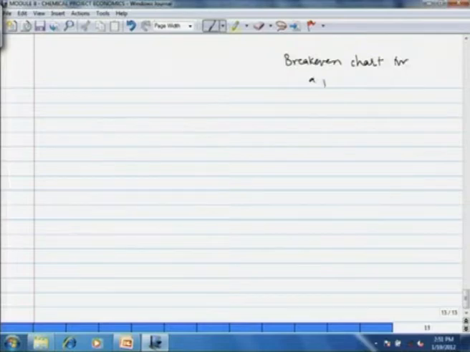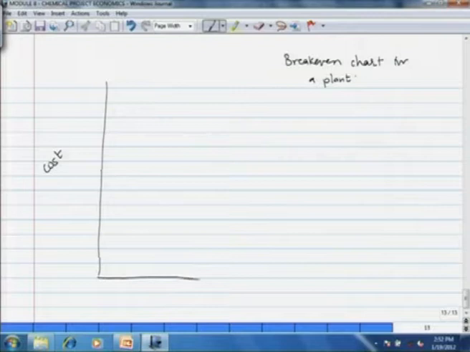For a plant, what should be the operating capacity? Here on the y-axis I am plotting the cost, either in rupees or dollars, and on the x-axis the rate of production.